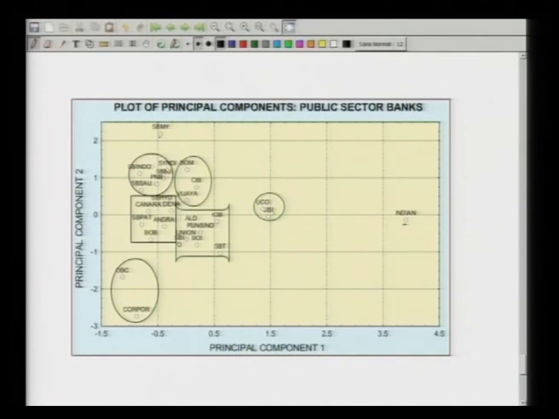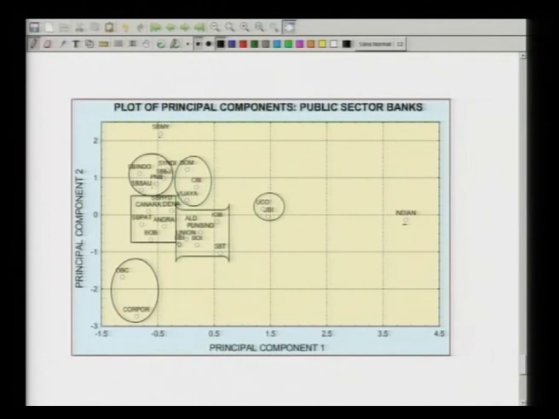Otherwise, you can see the UBI and UCO Bank, they are in one group doing not too well at that time, and here we have one group of Allahabad Bank, Punjab and Sindh Bank, Overseas Bank, SBI and Bank of India, similarly some other banks.